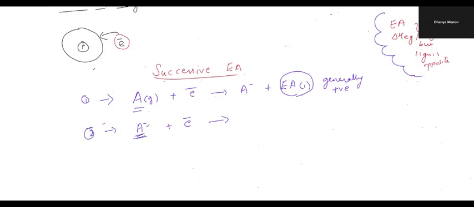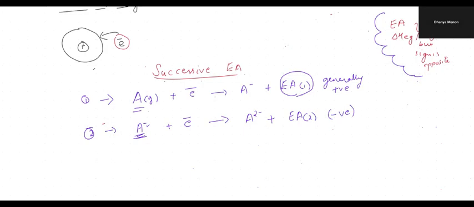Adding additional electrons is very difficult. We have to provide the energy. So this will form A2 minus, and the energy that we provide is electron affinity 2, but because we are giving this energy, it has a negative sign.